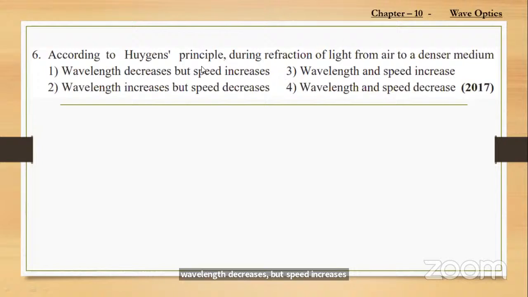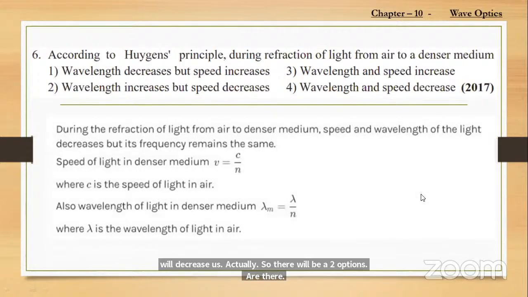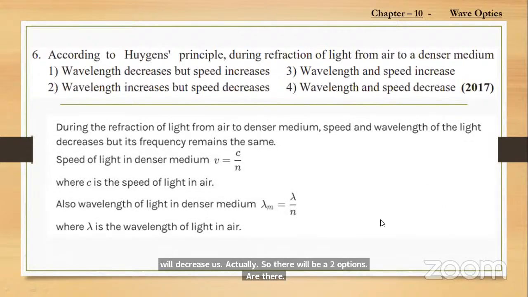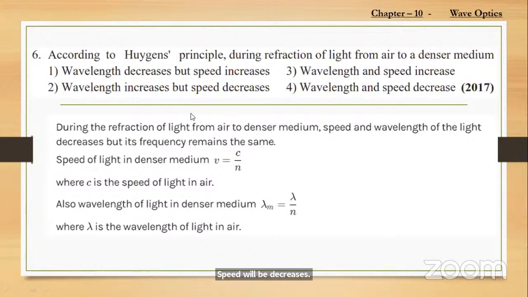Is it possible? When light travels from a rarer medium to a denser medium, speed will decrease actually. So there are two options where speed decreases. Then what happens to the wavelength of the light? Are there any changes in wavelength?